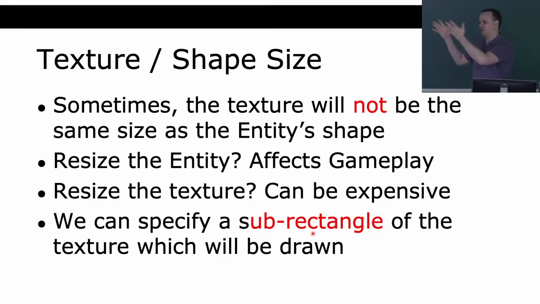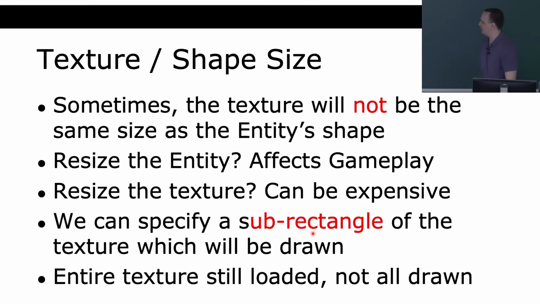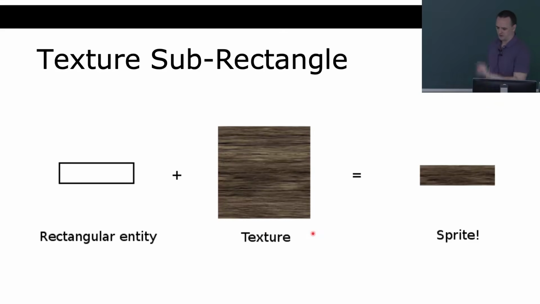You just send it the whole texture and then say only draw this sub-region, versus here's 1,000 different textures, draw the whole thing of each. So the entire texture is still loaded, but not all of it is drawn. This will make sense why we would want to do this in a second, but just keep in mind that this is what's happening. We're loading some texture from a file, or we've created some texture somehow, and then we specify some rectangle within that texture to actually be our sprite that we draw to the screen.